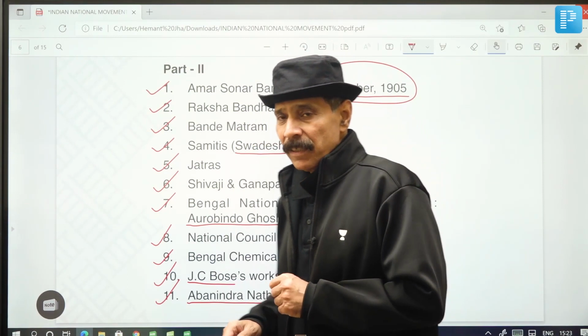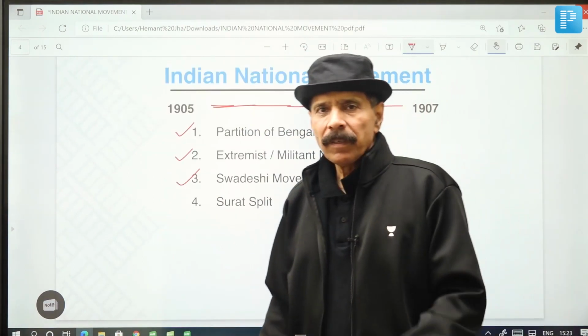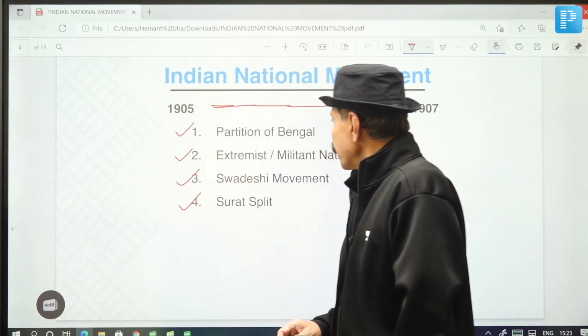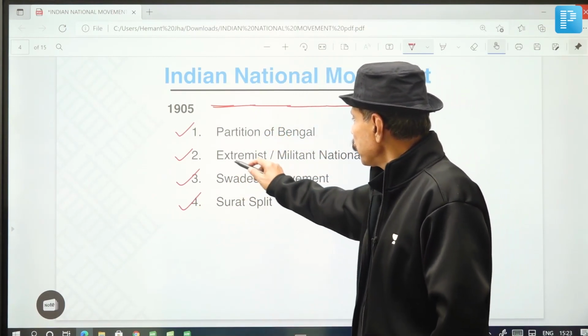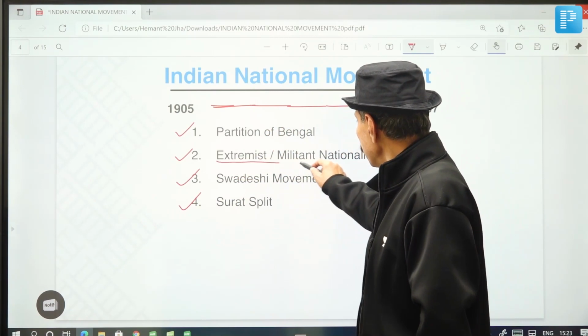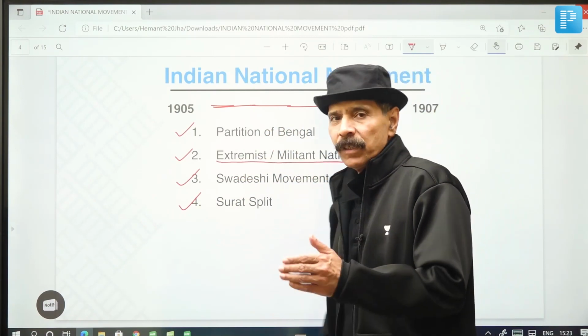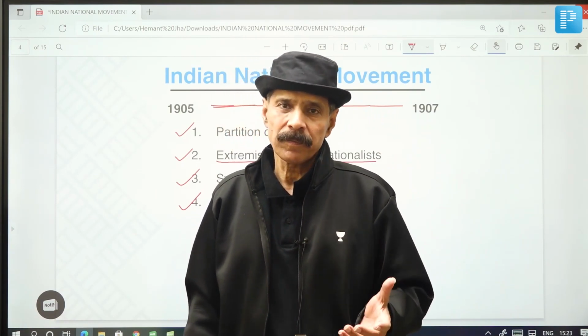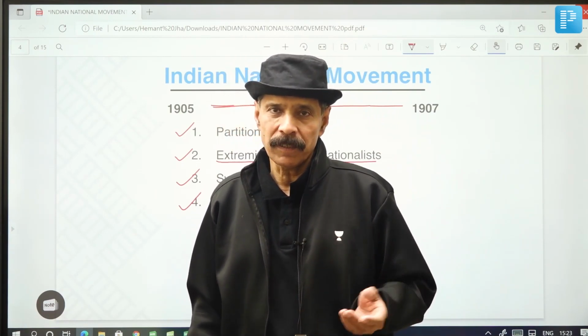Now let's consider the next one. The next point here is the Surat split. You have come to know that the extremists, a group of Congress leaders, had a different vision of the nationalistic struggle, different from that of the moderates.